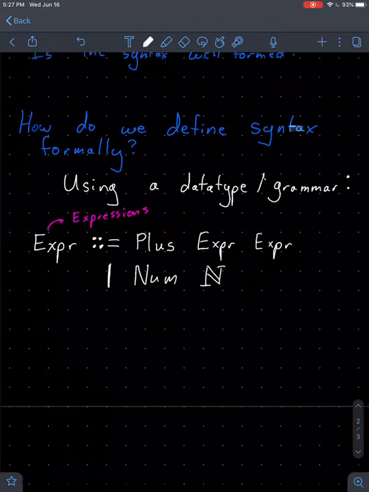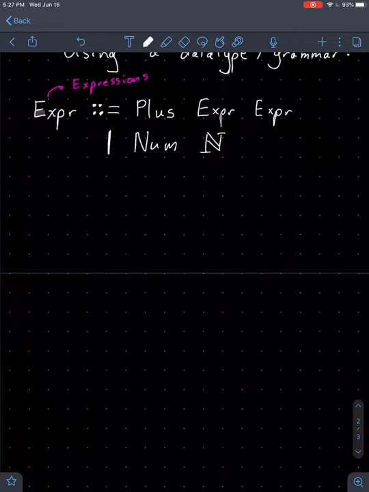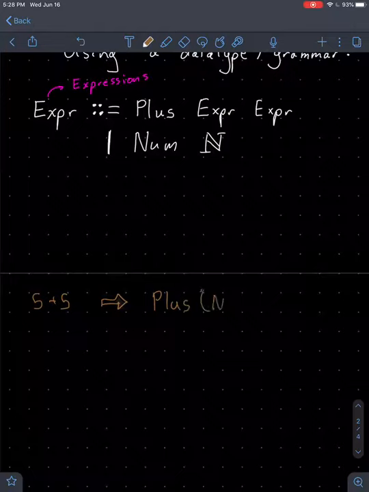Now if I wanted to say 5 plus 5, I could write that as plus num 5 and num 5. I won't write all the successors out, I'll use the shorthand.